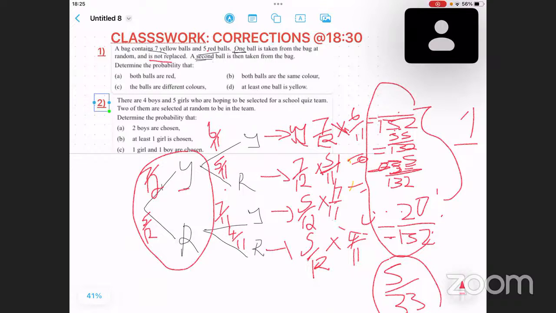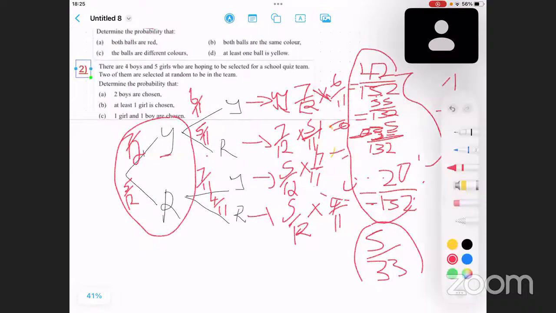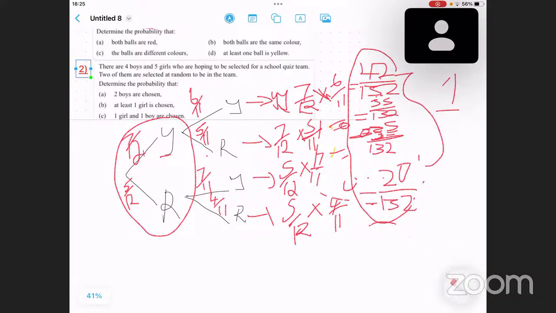Yes, it's 42. So now your answer for the first one is going to be 20 divided by 132. And then you are done just like that.